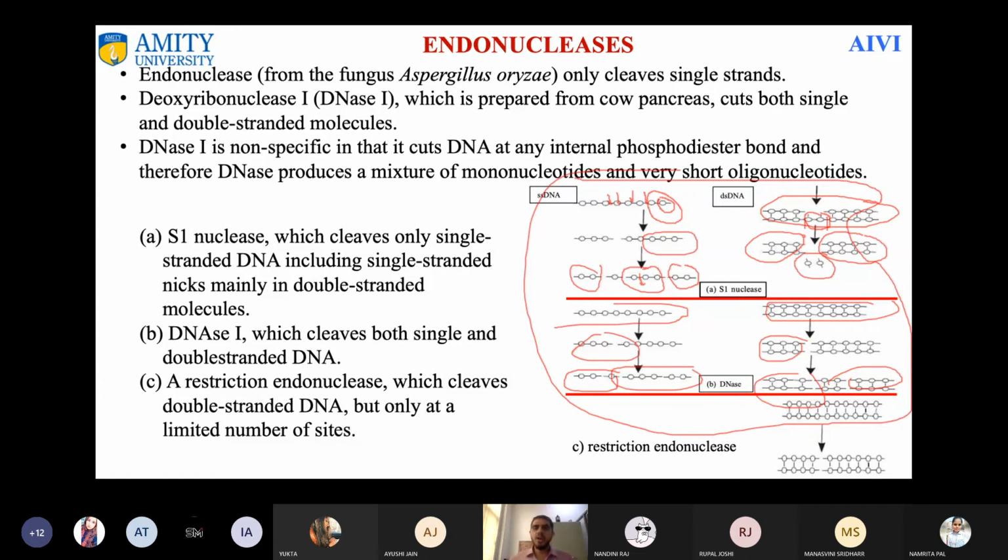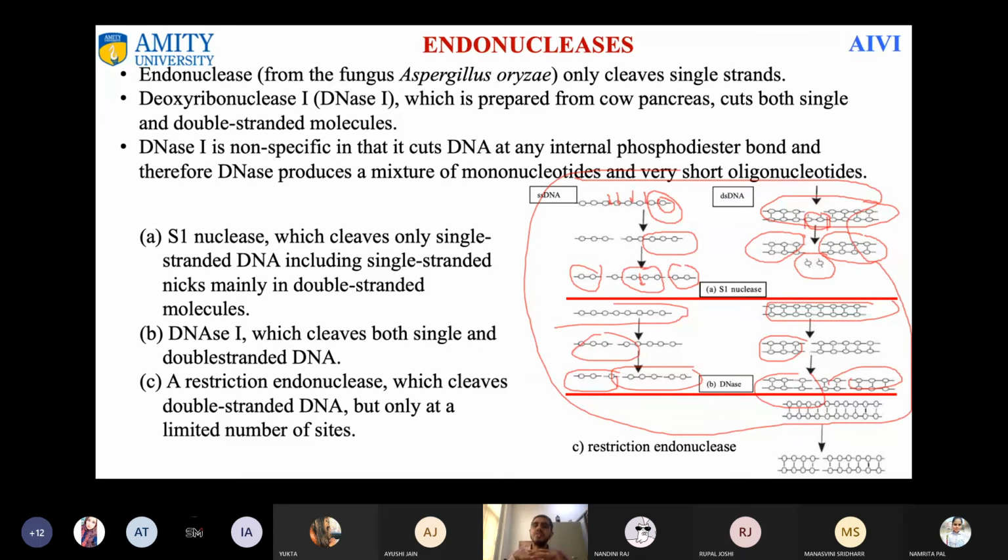Now your DNA is very long. If you want to know whether any specific site or location within your DNA is where your endonuclease is going to cut, another class of nucleases came, which we call the restriction endonuclease.